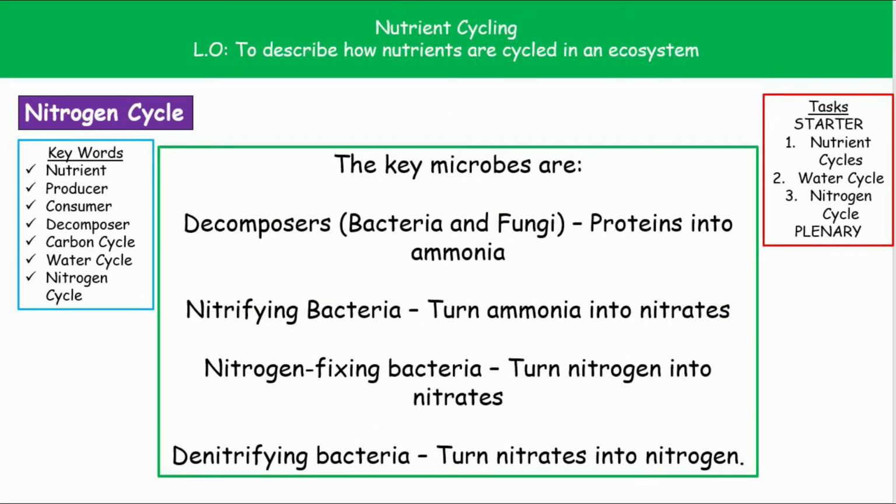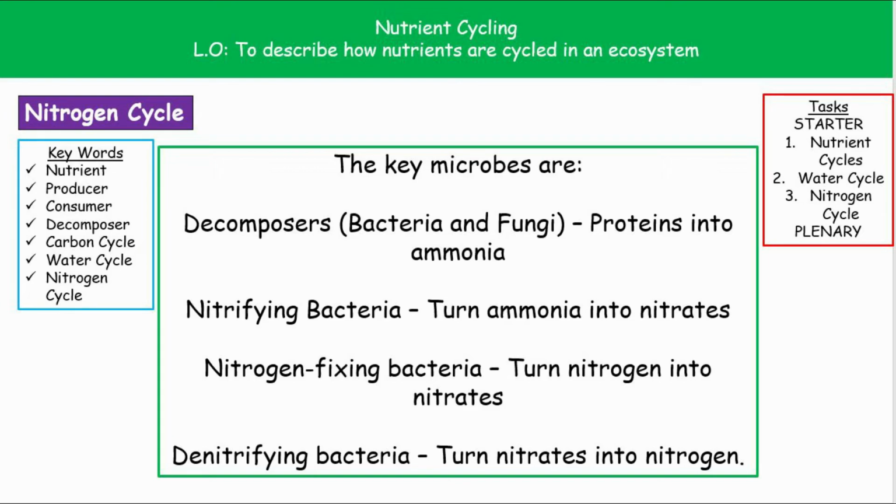This is the quick guide, if you like, to the 4 types of bacteria that are critical to our nitrogen cycle. The first group are bacteria and fungi together. These are our decomposers. They change the proteins into ammonia. The second group are the nitrifying bacteria. They take that ammonia and turn it into nitrates.